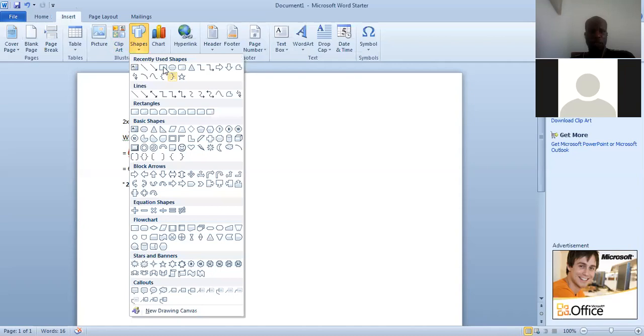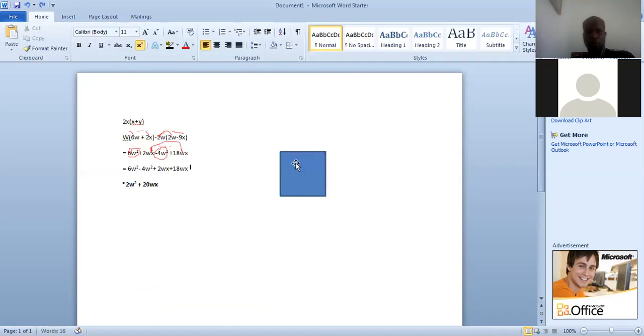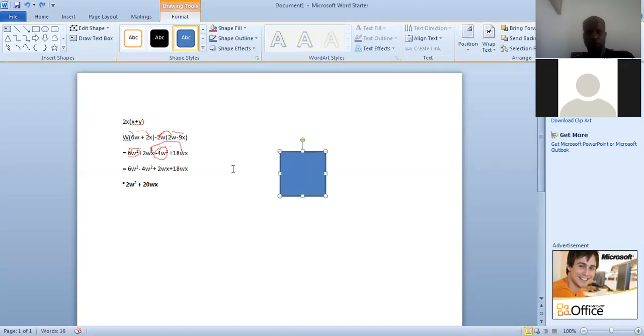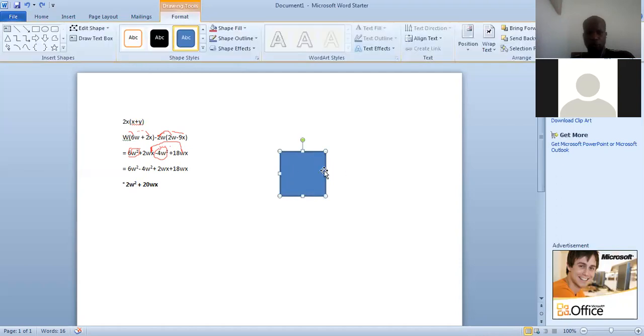Right. I'll just quickly look at the rectangle. I hope I'm going to be quick on this one. All right. There is a rectangle which looks like this, and then they are saying this side is 3.